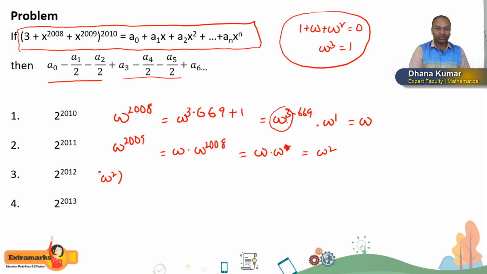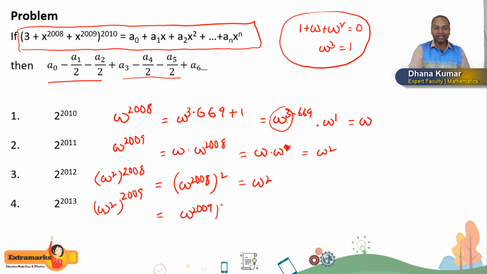Omega square whole power 2008 is equal to omega power 2008 whole square only, correct or not? But omega power 2008 is omega. So omega square. Similarly, omega square whole power 2009 can be written as omega power 2009 whole square.